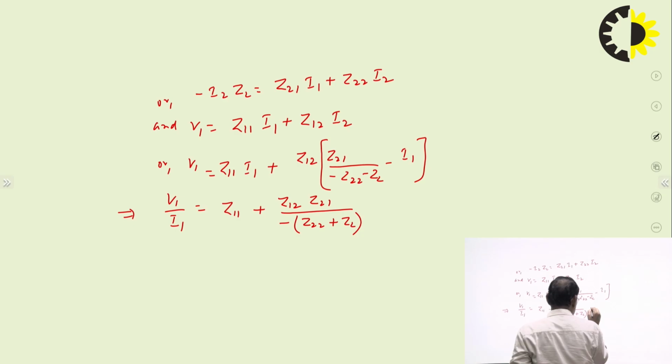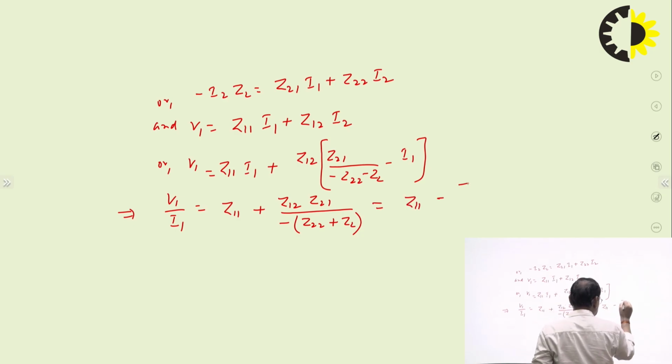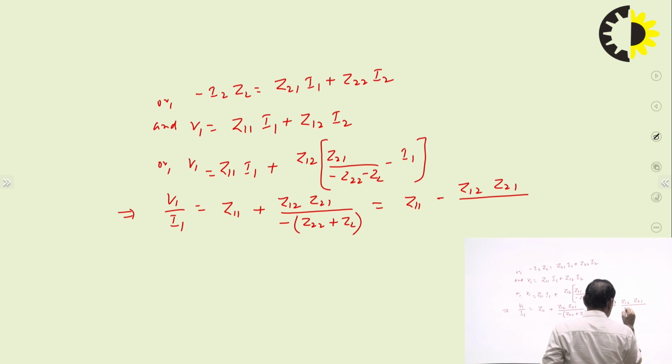So it is Z11 minus Z12 Z21 upon Z22 plus ZL.